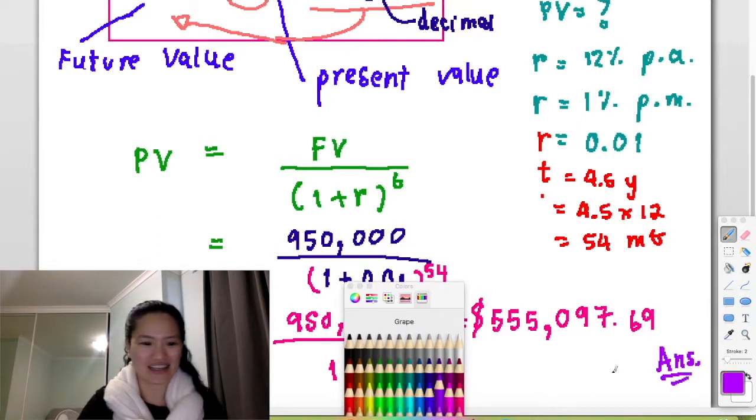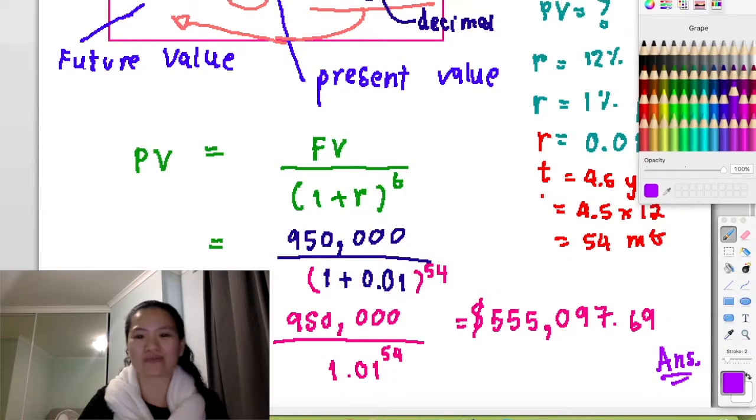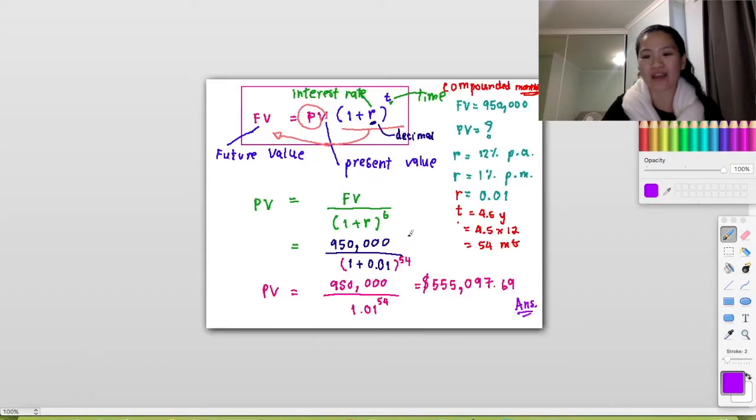Alright. Let's see again in conclusion. First, what we're going to do, we analyze the question and put it with the formula. You have to understand that, oh, they ask you PV. They ask you the money that is deposited now. That means present value. And then you know the formula. Future value is equal to PV multiplied by (1 plus R) to the power T. Substitute all the numbers, and then you find the answer.